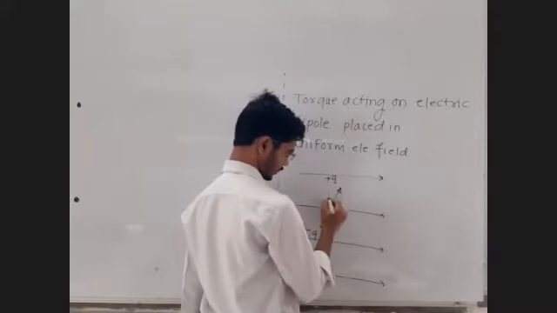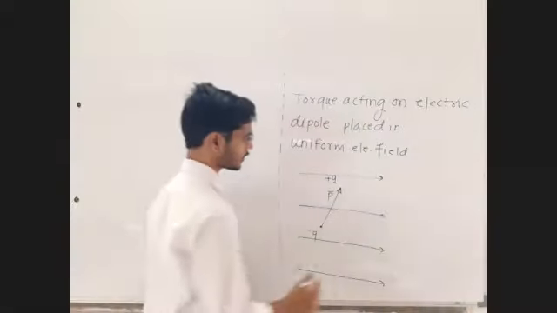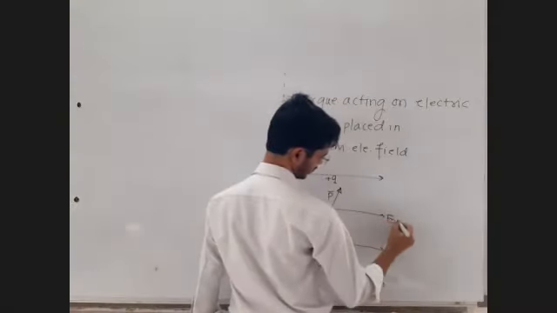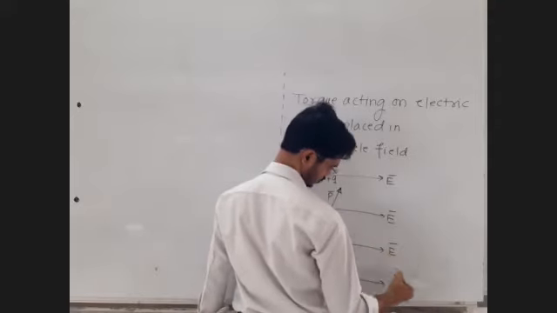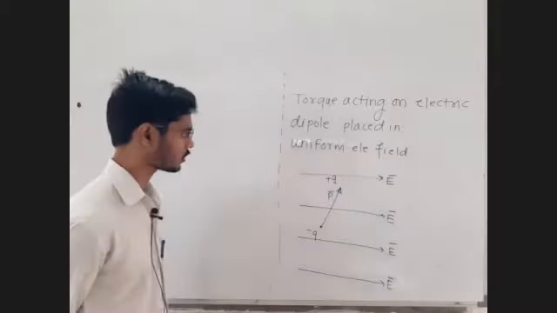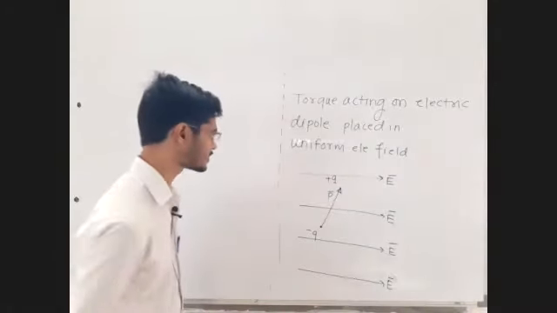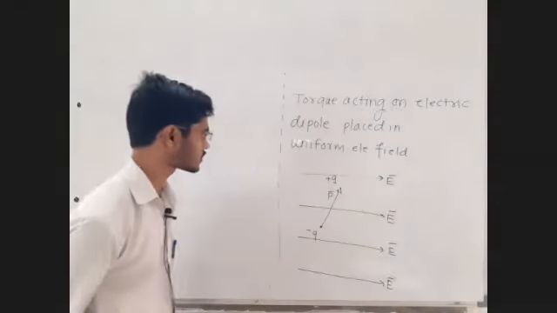Let me show it here, p bar. And this is our electric field, which is rightward. So you can write here E bar. At all the points in this entire region, electric field is constant in magnitude, constant in direction.